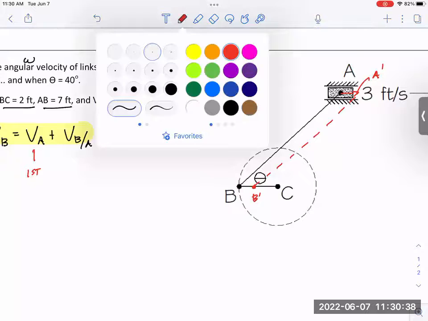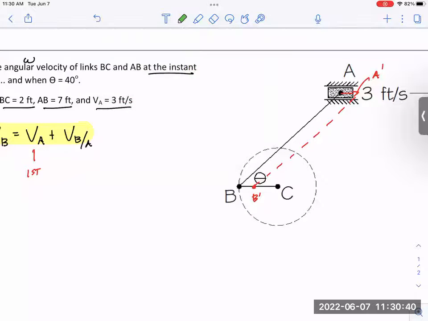So do you see that in order for B prime to get back onto the circle, I need you to see this circle really clearly here. Notice I'm trying to draw a circle centered around A, because if that connecting rod AB, A prime, B prime, is rotating around A, isn't it going to rotate in a circle around A? So it's going to rotate in this direction to get back on the circle, and that would be B double prime.